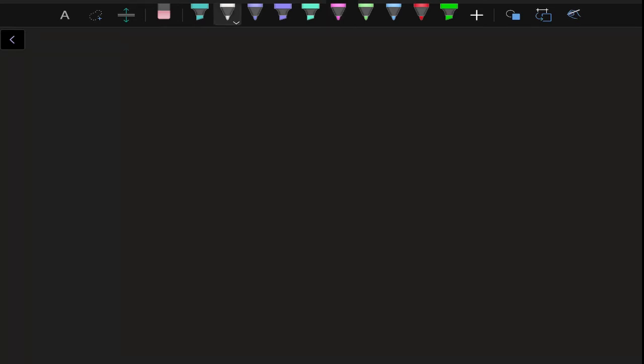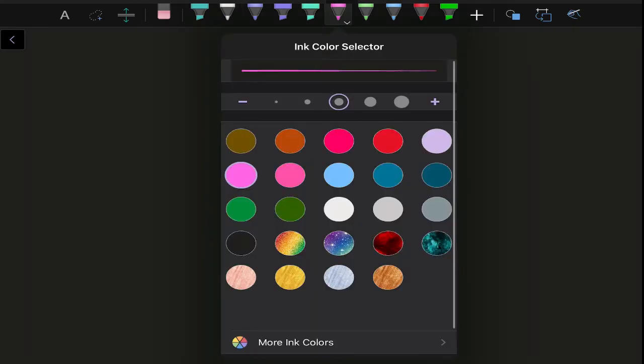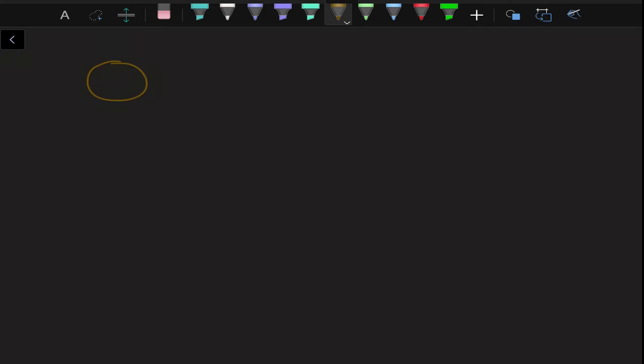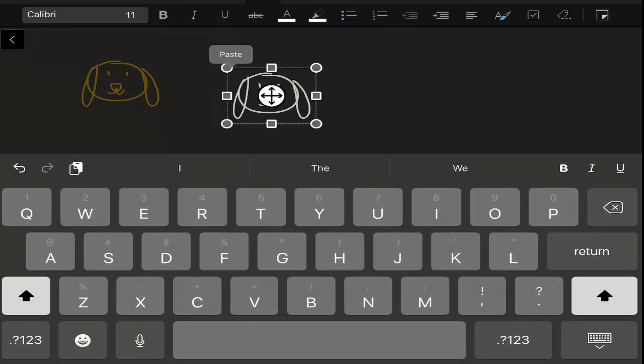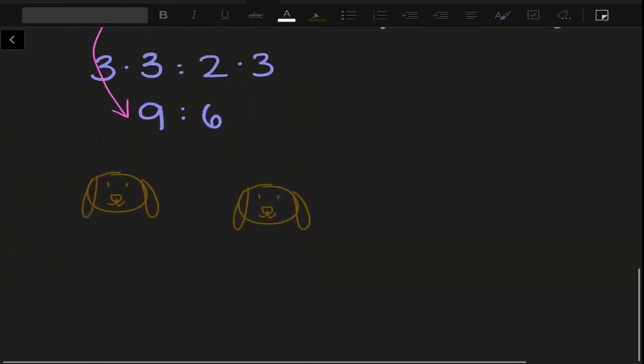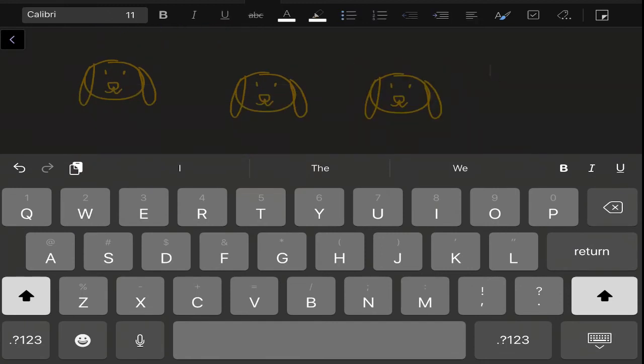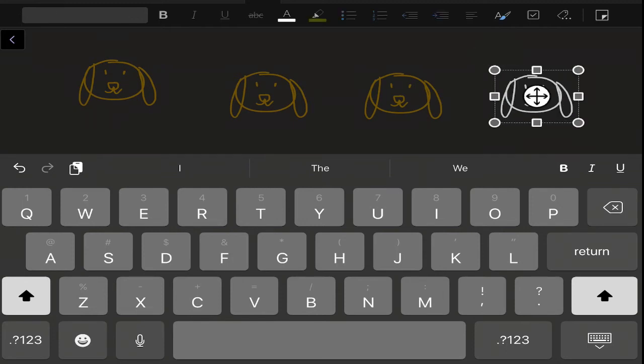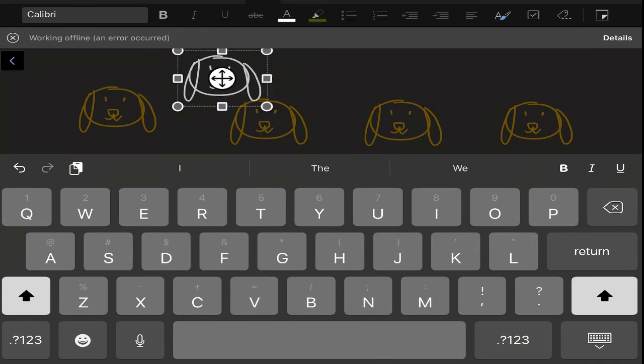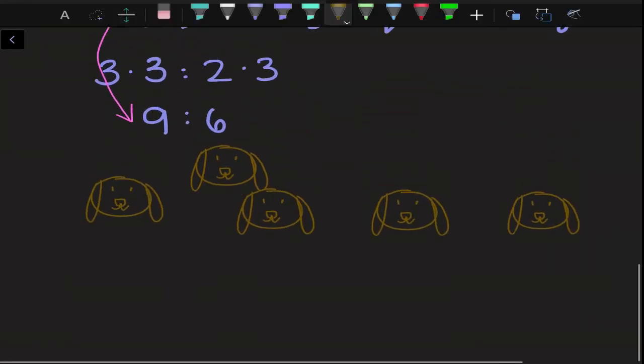So let's say we have 5 dogs. So there's 1, 2, 3, 4, and 5. 5 dogs.